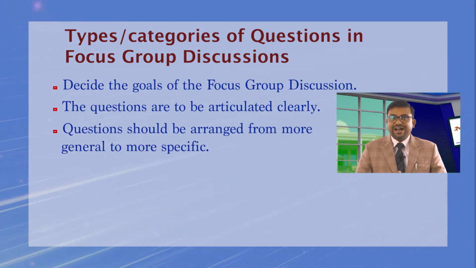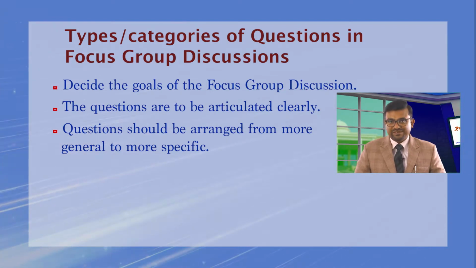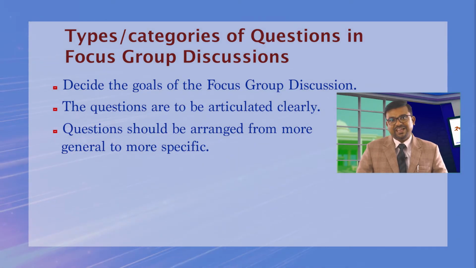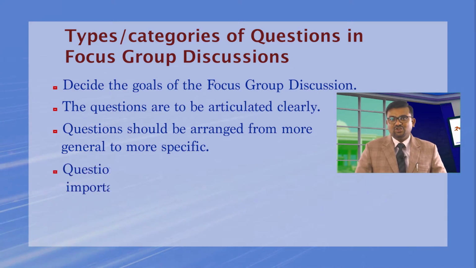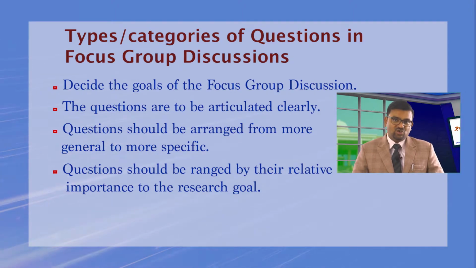The questions are to be arranged from more general to more specific. In other words, the most general and unstructured questions should be placed early, and more specific questions should be placed at the end. It should be taken into account that questions should be ranged by their relative importance to the research goal.